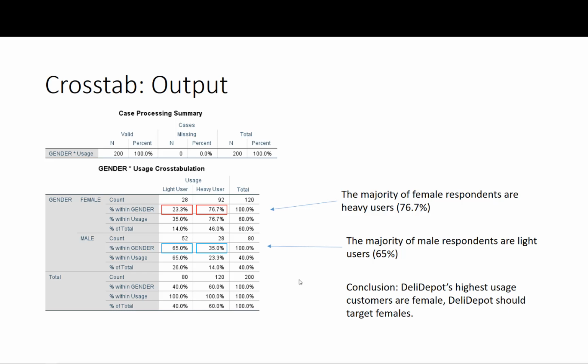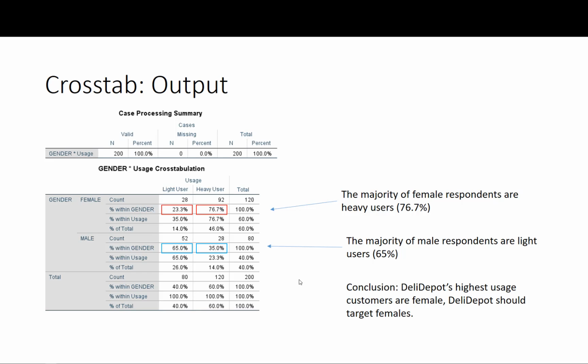There might be a different research question, which is how can we improve our sales? And the answer there might be we might need to target males to encourage them to use more. But that is a different question with a different interpretation. So just be very careful about how you interpret it.